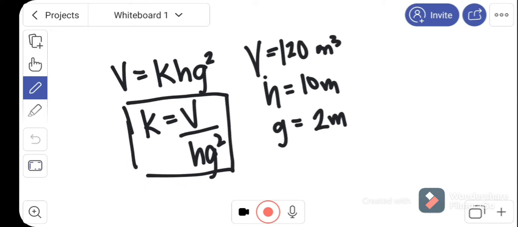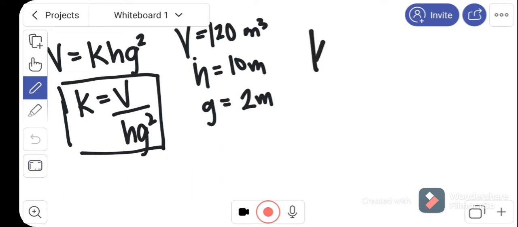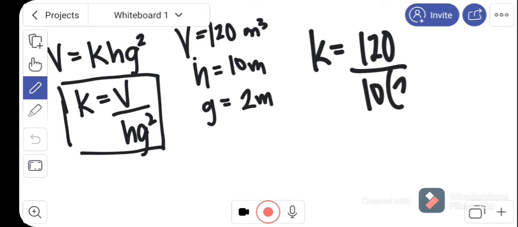Let's solve for the value of our constant of variation by simply substituting the numerical coefficient of each variable. k is equal to v, 120, divided by the value of h, 10, and the value of g, which is 2 squared.